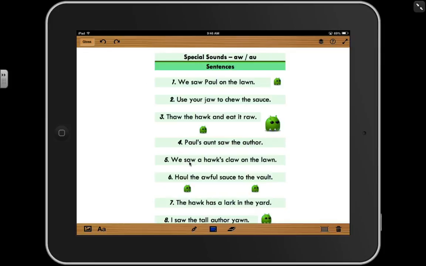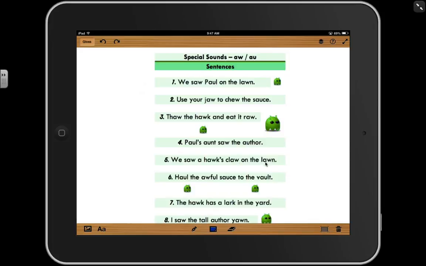All right, let's look here. We just read this word. What is this word? Saw. Here's another AW. Let's take it apart. Awk. So the word is hawks. Hawks. Here's another one. We know AW says aw with the CL. Claw. Read the word with me. Claw. It's getting easier, isn't it?